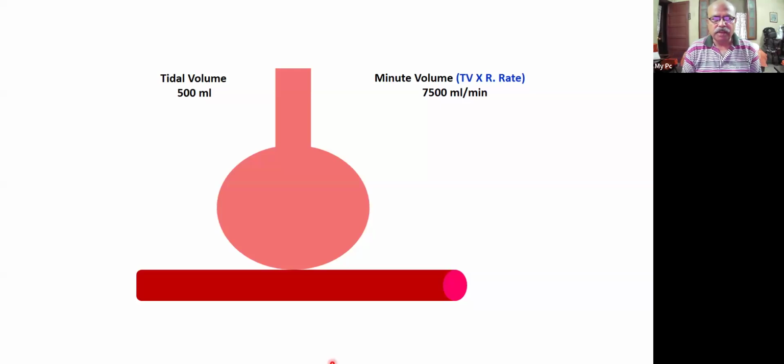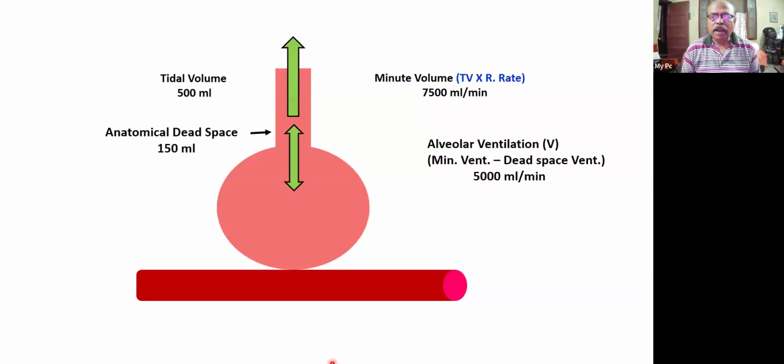The answer is obviously no, because there is the anatomical dead space, which is around 150 ml. So the alveolar ventilation effectively becomes the minute ventilation minus the dead space ventilation, and it comes to be around 5 liters per minute.